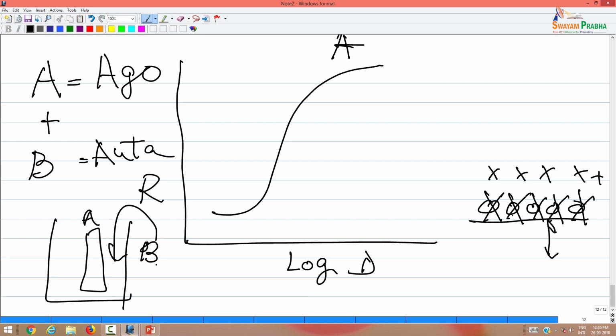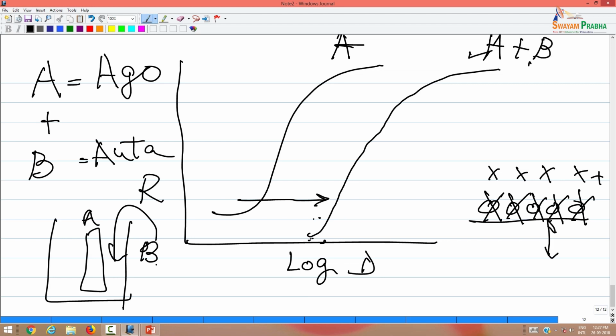The message is that to get the same response in the presence of antagonist, you will require a higher dose. So, now you require a higher dose, and again you increase the dose and you get this. So, this is A plus B. A is agonist, B is antagonist.